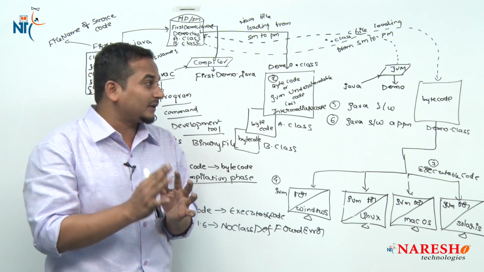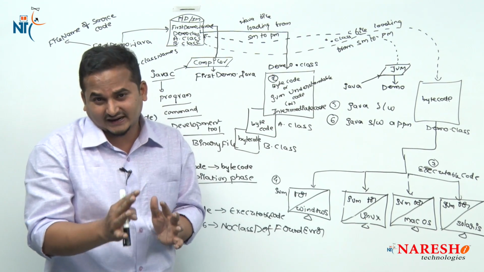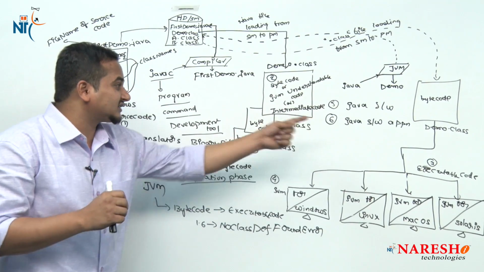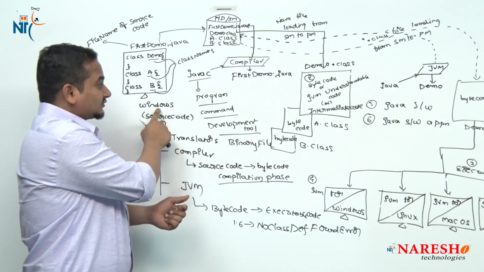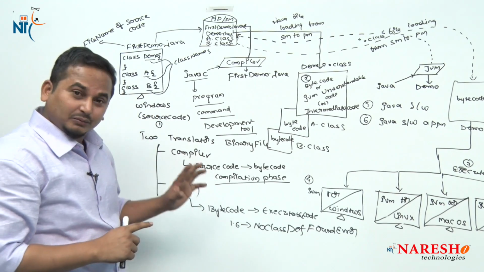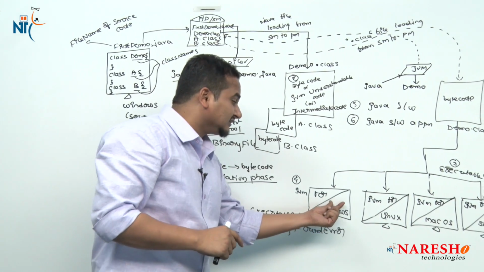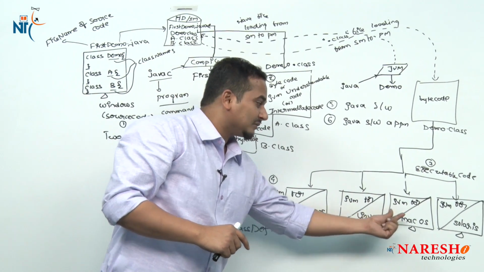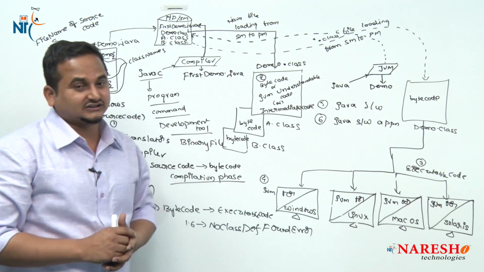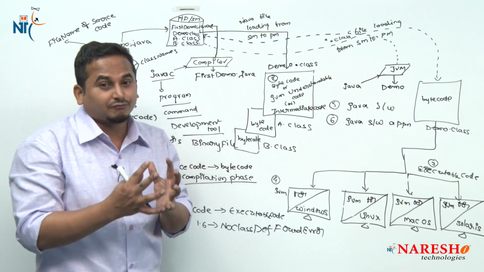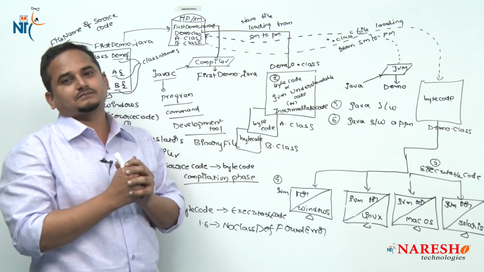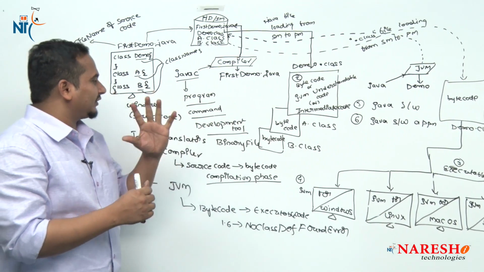Java software application is platform independent. The reason is, I develop a Java application under, say, Windows, and the same application can be executed under Windows, Linux, Mac and Solaris. This type of operation we call platform independency.